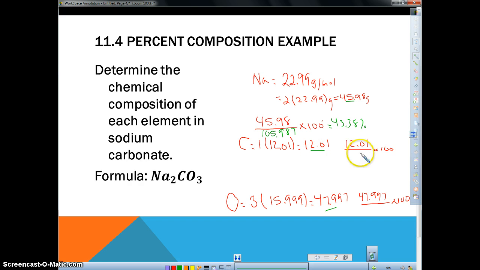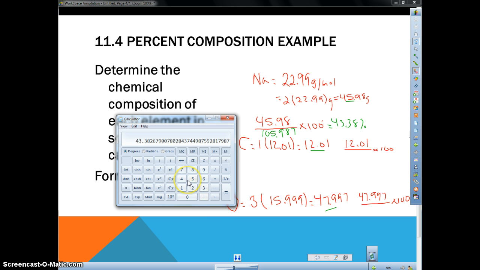So let's look at the other stuff. We'll take 12.01 and divide that by our 105.987. Let me type that in: 12.01 divided by 105.987, multiplied by 100, and here's what I get.